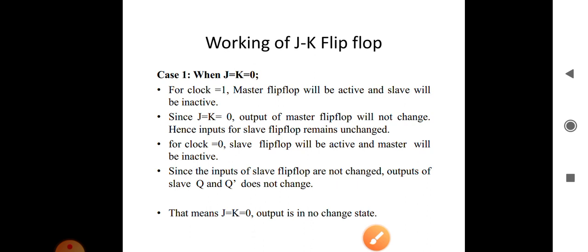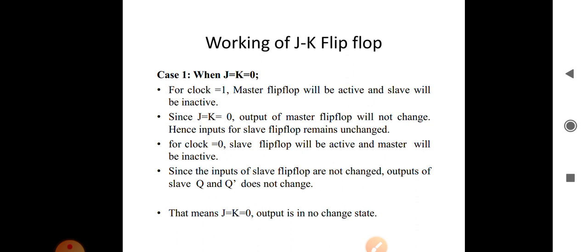For clock is equal to 0, suddenly if we make clock is equal to 0, slave flip-flop will be active and master will be inactive. Since the inputs of the slave flip-flop have not changed, outputs of the slave Q and Q complement have not changed.